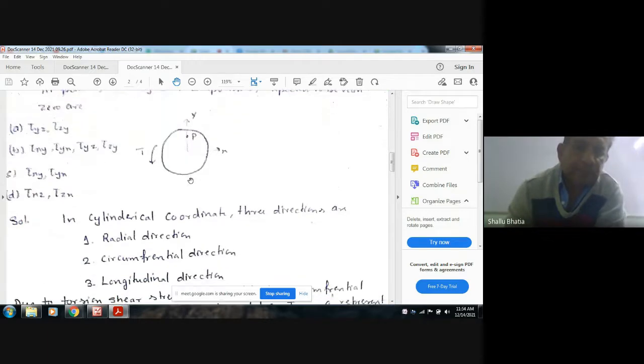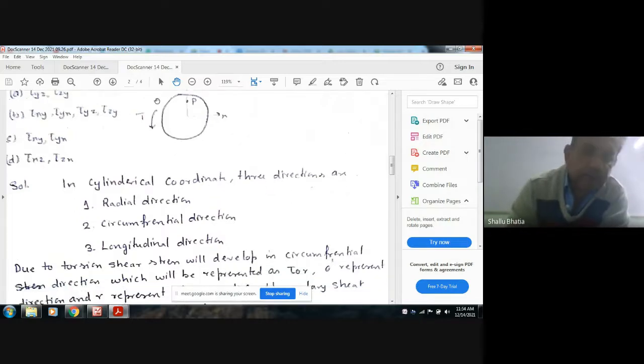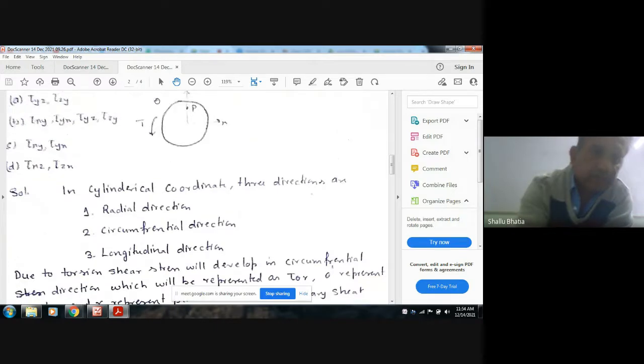So in cylindrical coordinates, there are three directions. First is the radial direction, second is the circumferential direction, and third is the longitudinal direction. Radial direction will be like this, circumferential will be like this, and longitudinal will be perpendicular to the cross section. So due to this torque, shear stress will be generated in the circumferential direction.